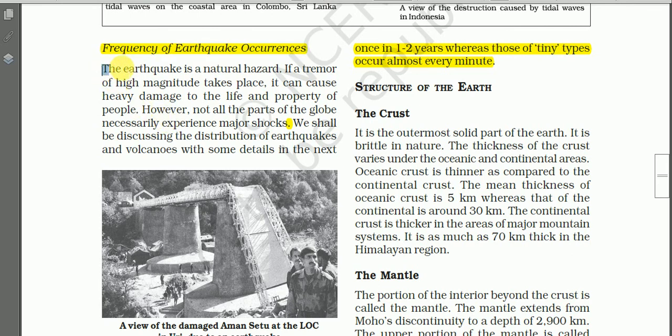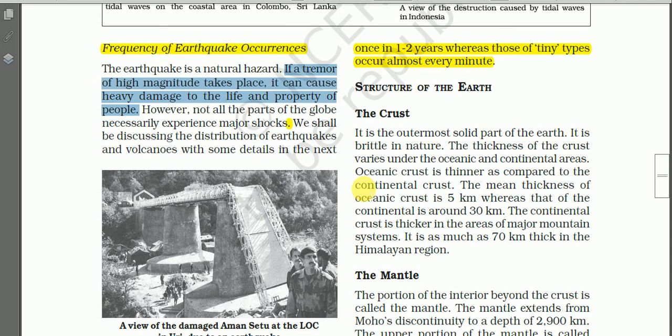See, as we learned, earthquake is a natural hazard. If a tremor of high magnitude takes place, it can cause heavy damage to life and property of people. If an earthquake of high magnitude, say more than 6, 7, 8, takes place, then it can cause heavy damage to life and property of people.